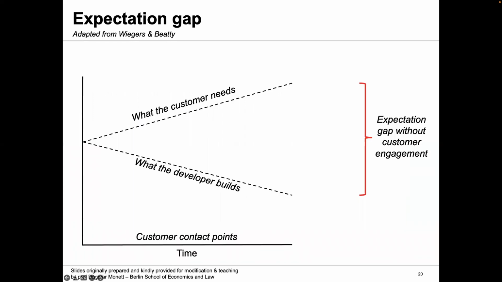All right, so the expectation gap. This is something which highlights the importance of adequate customer input. What this figure is showing is that in the beginning, at the start of your product development or the requirement engineering process, both parties, what the developer is seeking and understands and what the customer has suggested or highlighted as their needs, all come together or converge at one point.